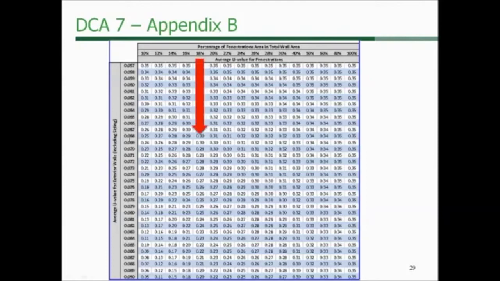We go down until we reach the wall we want, which is in this case 0.068, and we go across. And again, we need a 0.3 window. Okay, so you just go down and across. So it's basically the same reading, it's just going the opposite direction.